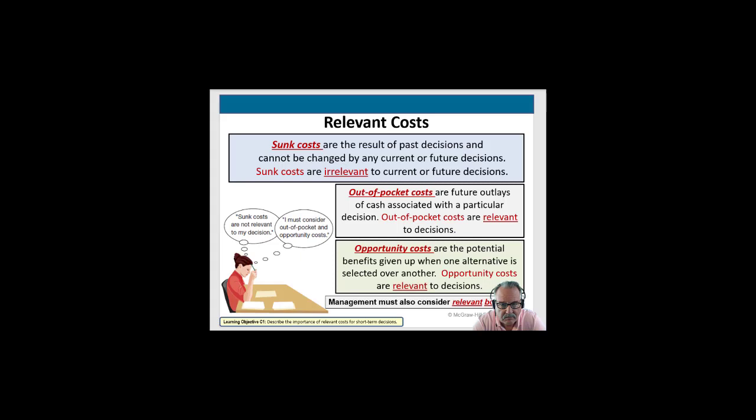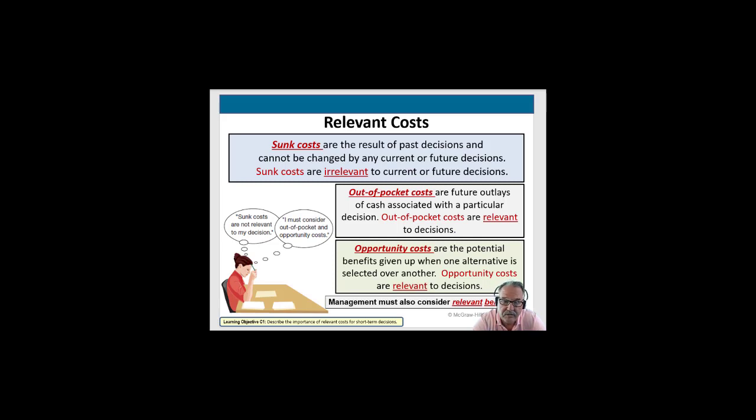So one of the costs that is going to come up is a past cost or a historical cost, what we call a sunk cost. A sunk cost means that we've already spent the money. Nothing we do in the future is going to affect the fact that we've already spent this money. So a sunk cost is in the past, and in virtually all cases is irrelevant, because there's nothing that we can do, as far as making the decision, to change what's already happened.